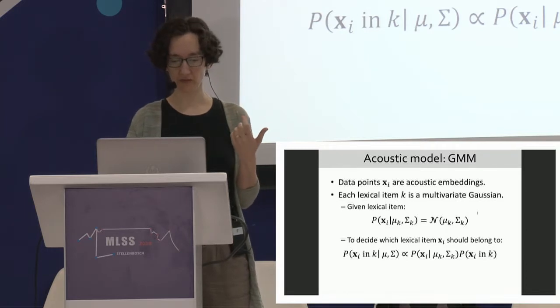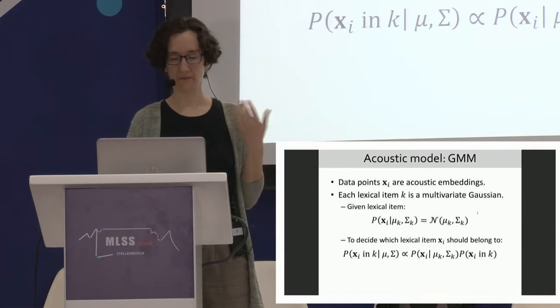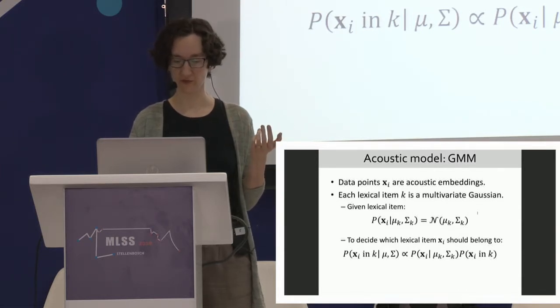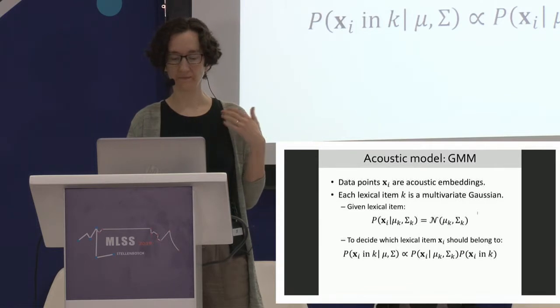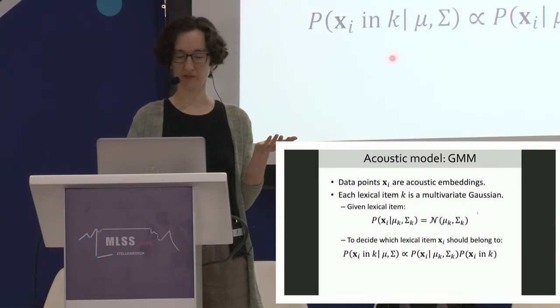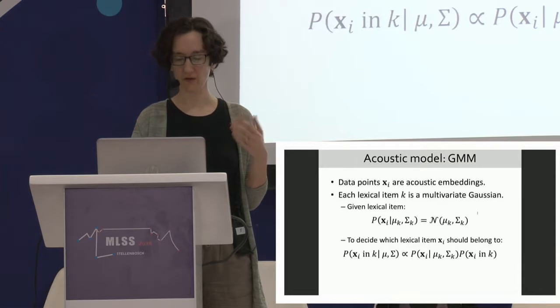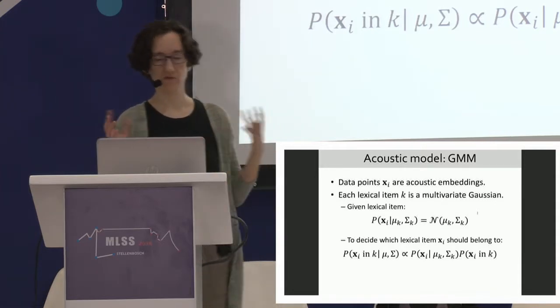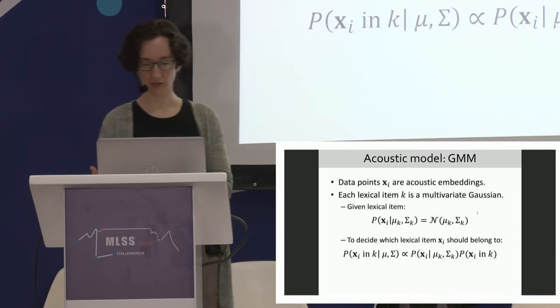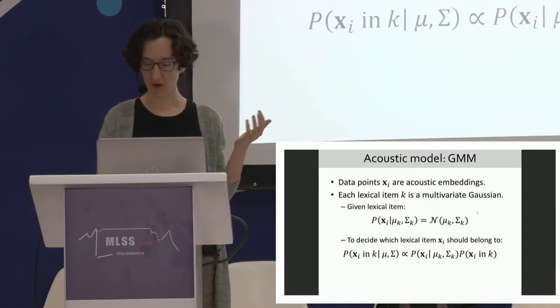Given some particular lexical item k, we can model the probability of the data point, some instance of that lexical item, as a Gaussian distribution. To figure out which lexical item x should belong to, we say the probability that it belongs to cluster k, given the means and covariances, is that likelihood times the prior over the clusters, the prior probability of that particular cluster. That's really nice. This is a pretty standard kind of model.